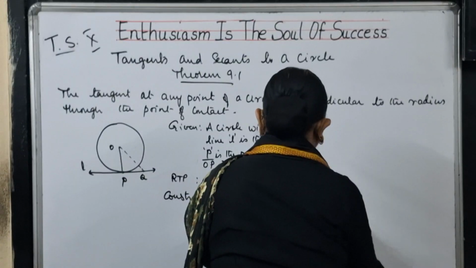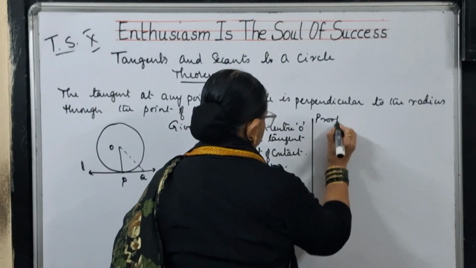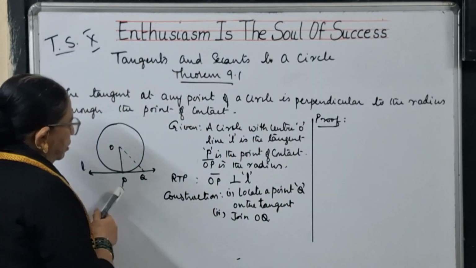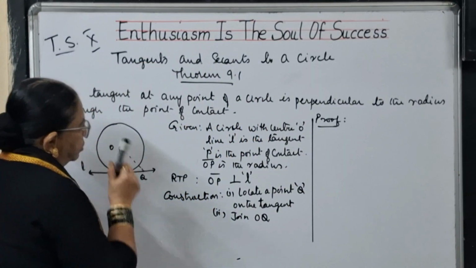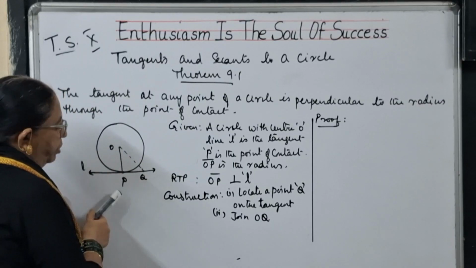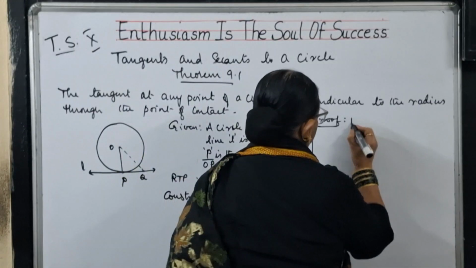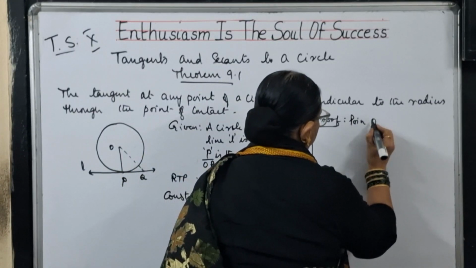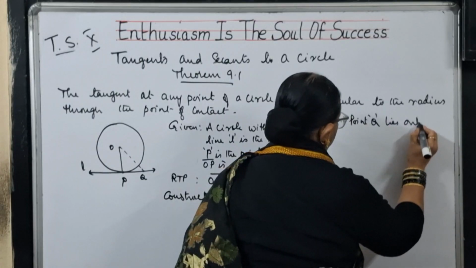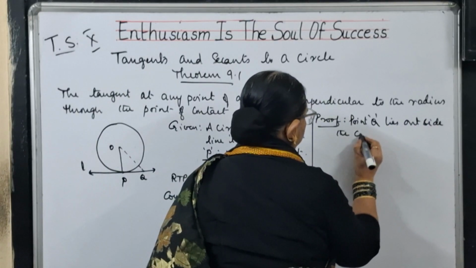So now let me see about the proof, children. What is the proof? See children, when you are talking about point P and point Q, Q is lying outside the circle, P is on the circle. So point Q lies outside the circle.